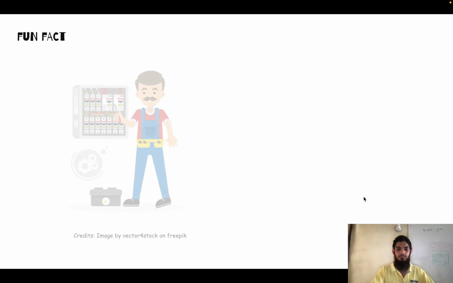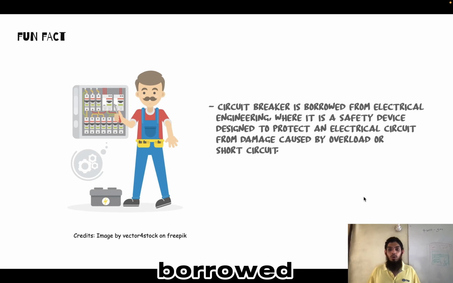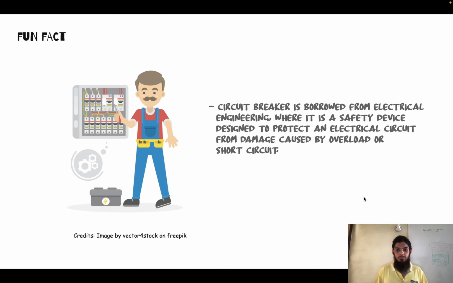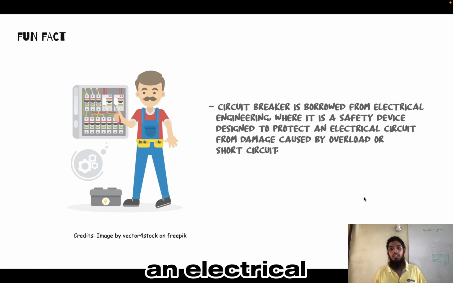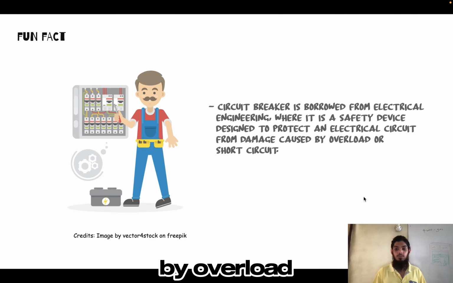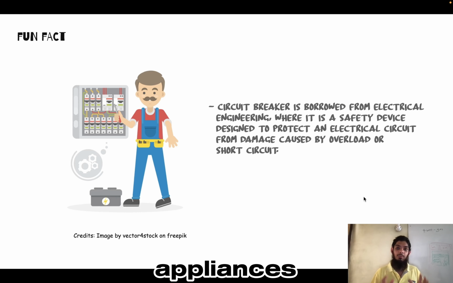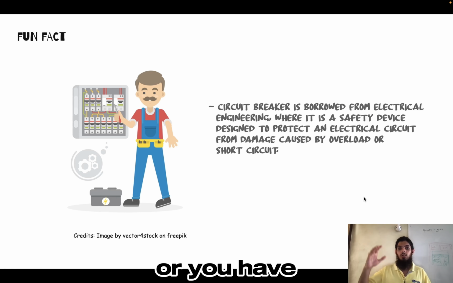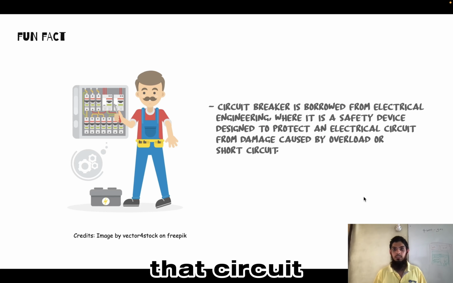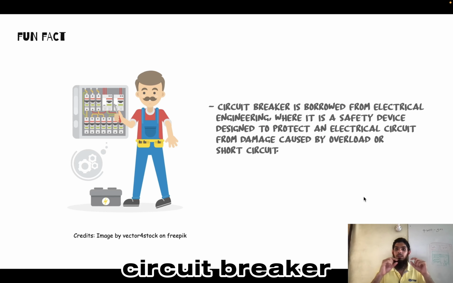Fun fact, the term circuit breaker is borrowed from electrical engineering, where it is a safety device designed to protect an electrical circuit from damage caused by overload or short circuit. So when you have appliances in your home, microwave, toaster, or you have that circuit board, these have something known as the circuit breaker.